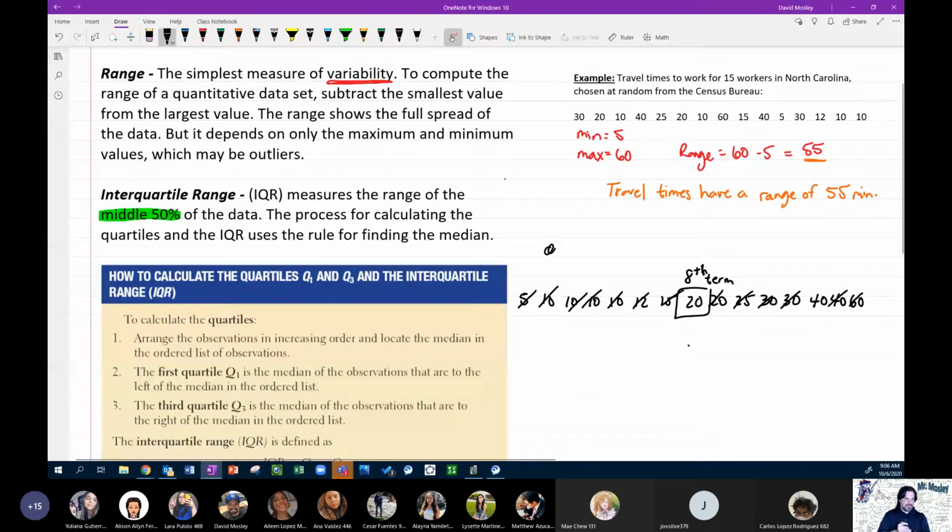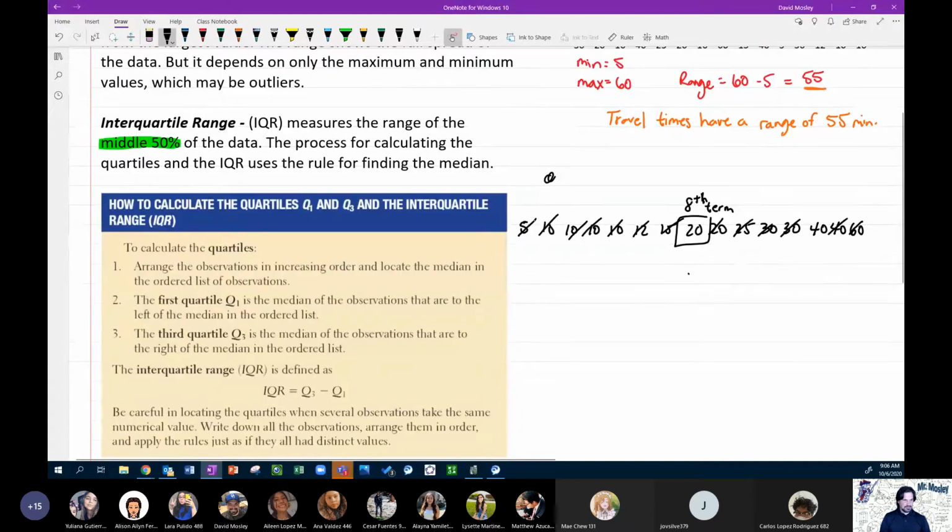All right, so when we're calculating quartiles, we arrange the observations in increasing order and locate the median in the ordered list of observations. We already have that. That is our median. The first quartile, Q1, is the median of the observations that are to the left of the median in the ordered list. So we have this set over here of 7 data points, and then we have the other side, which is another 7 data points.